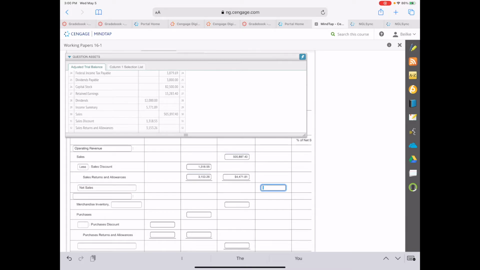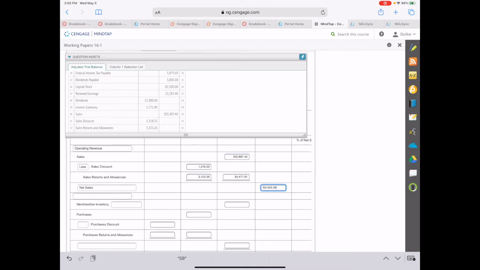To figure out our net sales, we take our sales minus our two contra accounts. So it's $505,897.40 minus $4,471.81, and we would come up with $501,425.59.